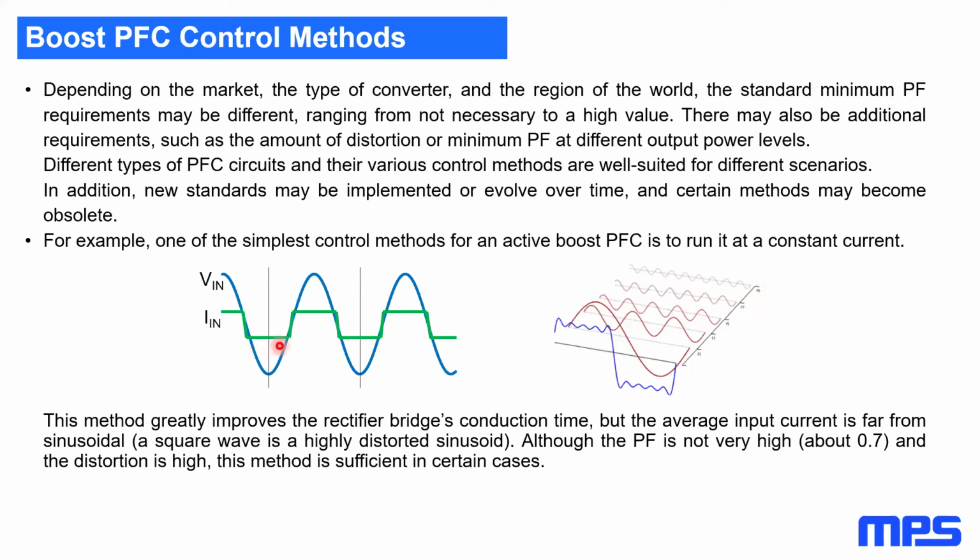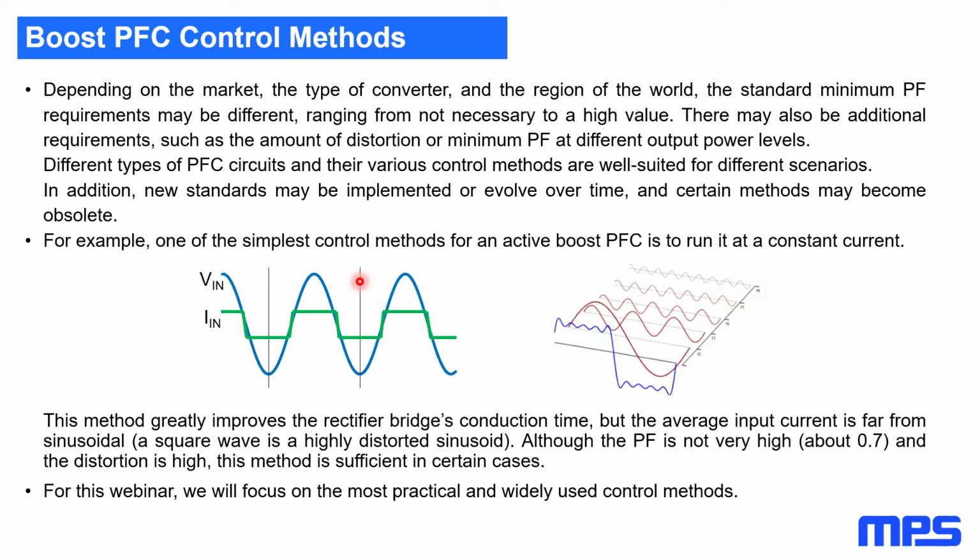So the PF will be better than without anything, because we've improved that conduction time, and we have a current that's in phase with the voltage. But because it's not sinusoidal, it will not be very high. You can probably reach a power factor of 0.7, but the distortion is high. So for certain cases, it used to be sufficient, or may still be sufficient, but in most other cases where a PFC is needed, it will not be sufficient.